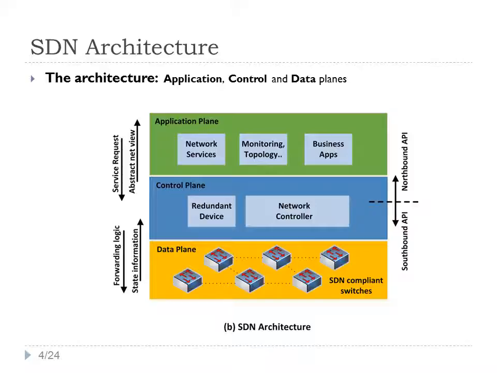The controller uses a southbound API, something like the OpenFlow protocol, to automatically translate these policies into low-level device or switch configuration commands. Now, in addition to configuration, the southbound API also provides network state information and an abstract view of the network to higher layers of the SDN architecture, that is the application and the control plane.